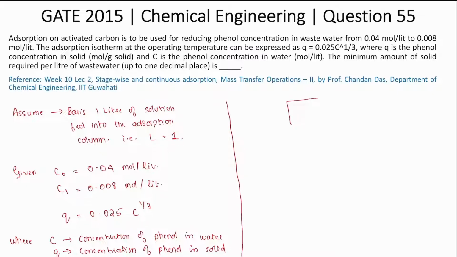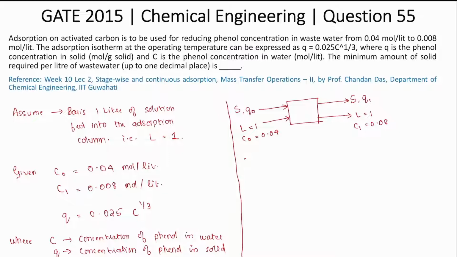Now, let us represent the data that we have in pictorial form. So this is an adsorption column. We have S, which is the flow rate or weight of activated carbon being fed into the system.